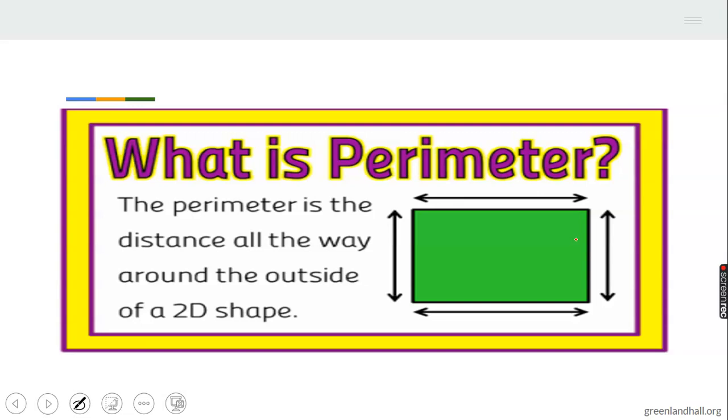Though we have some formulas that we'll be using to calculate the perimeter of a plane shape, we will do that. But look at this statement very well. The perimeter is the distance all the way around the outside of a 2-dimensional shape. 2D here means 2-dimensional, like your square, like your rectangle, parallelograms, or trapeziums.